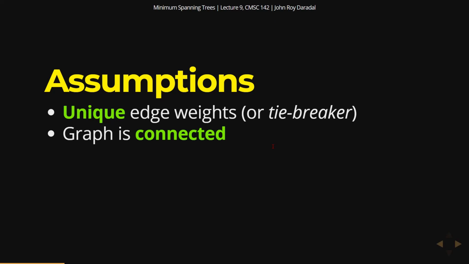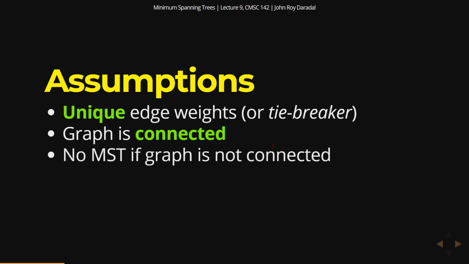It's only one component, so that there would be a minimum spanning tree that exists. Because if the graph is not connected, then obviously there would be no MST, because for an MST you need to span all vertices. But if there is one vertex that is not connected to the rest of the vertices, then you cannot span all vertices, right? There's just no way to create an MST if the graph is not connected, if there are multiple connected components.